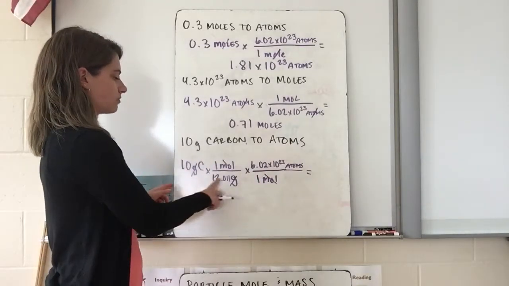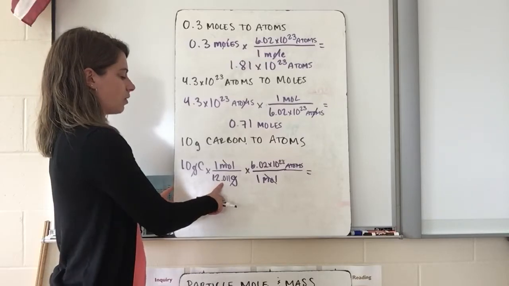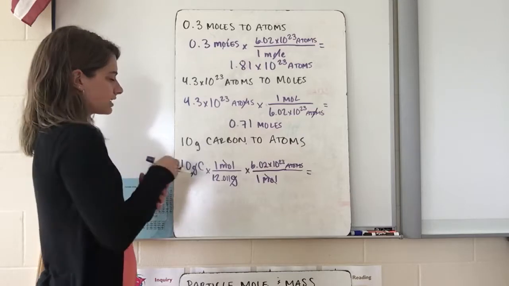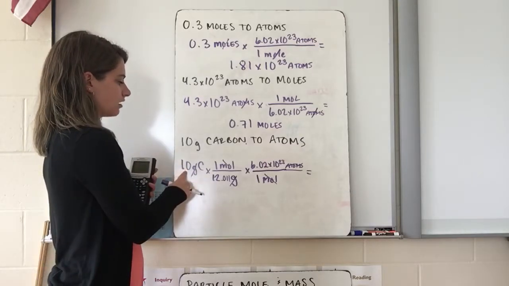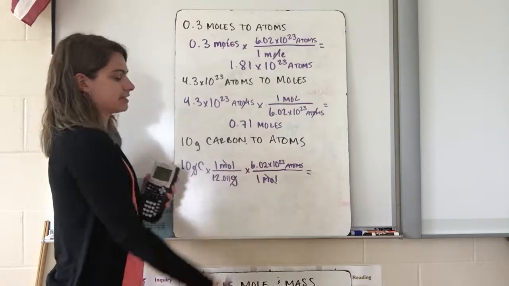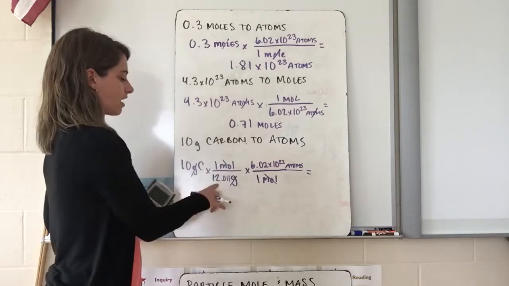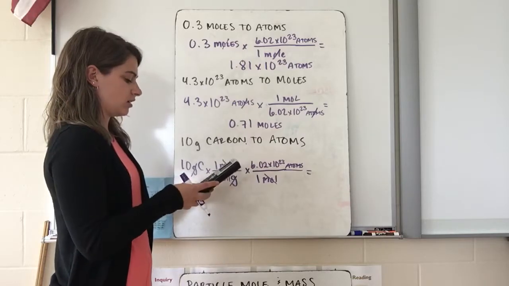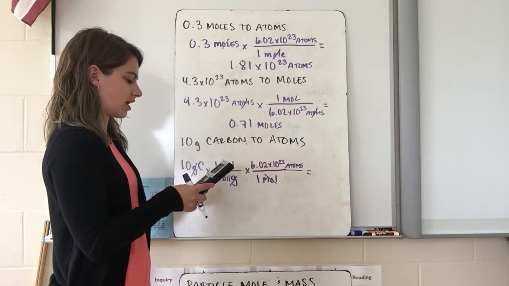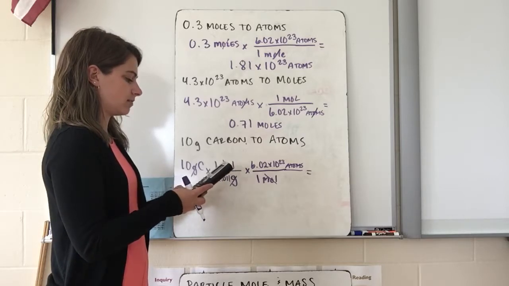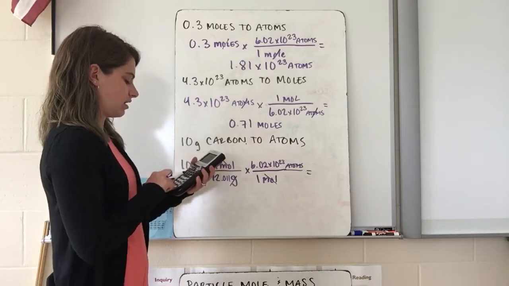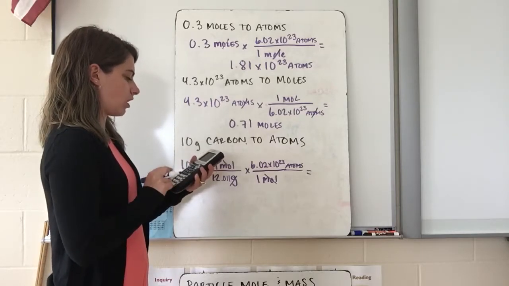So when I go from grams to moles, I'm using my molar mass. When I go from moles to atoms, I'm going to use Avogadro's number. So when I type this into my calculator, I'm going to do 10 times 1 times 6.02 times 10 to the 23rd. Take that whole answer and then divide by 12.011. So I'm going to leave that number in my calculator and then just hit divide by 12.011.